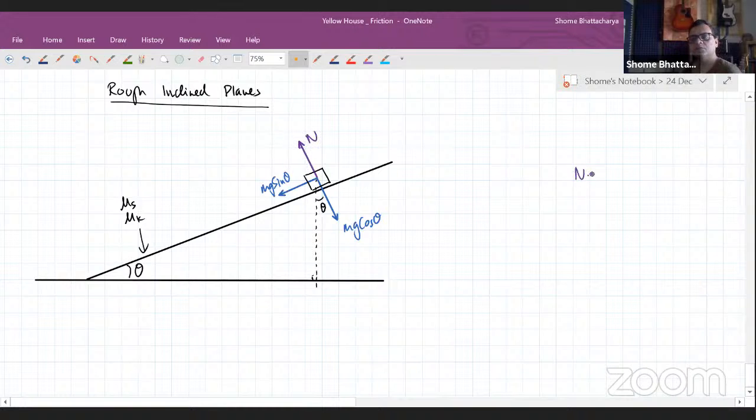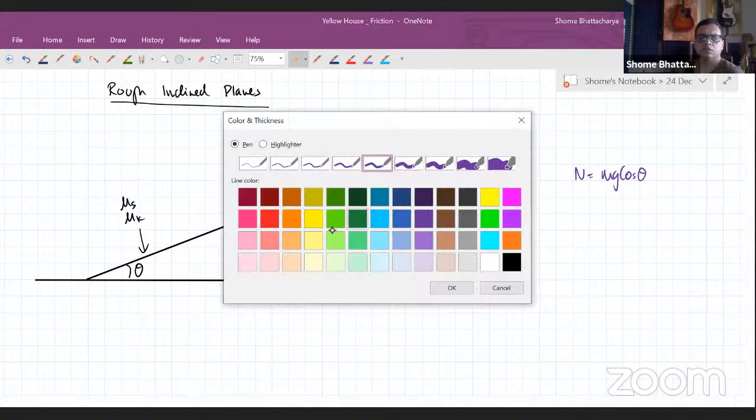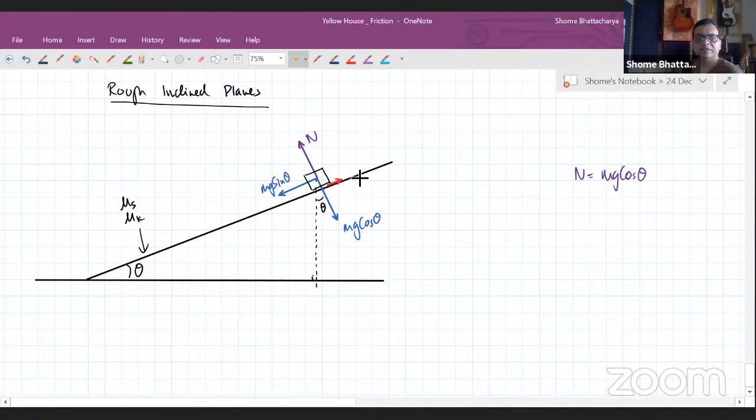So the normal reaction becomes mg cos theta in magnitude. So that tells us the condition on friction that is available. So the friction will either be able to prevent slipping altogether or it will oppose slipping, whatever be the case.